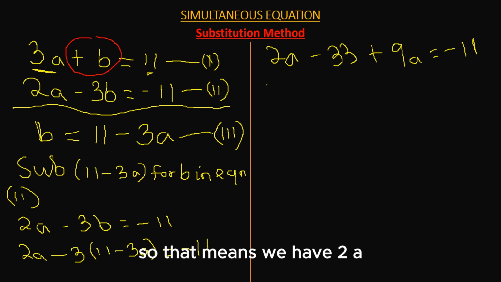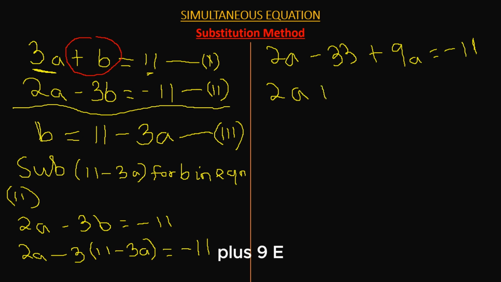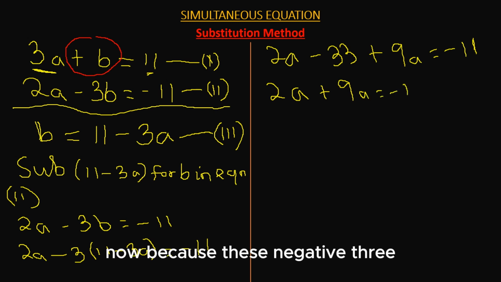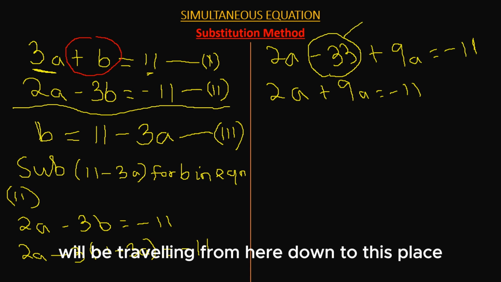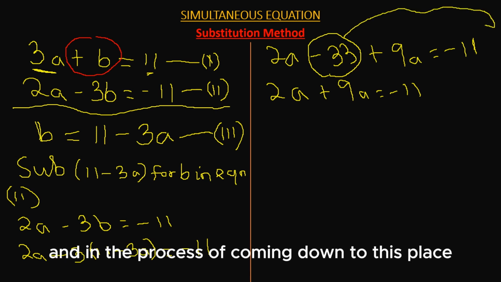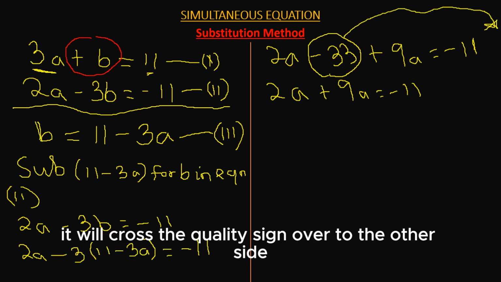So that means we have 2a plus 9a is equal to negative 11. Now, because this negative 33 will be traveling from here down to this place, and in the process of coming down, it will cross the equality sign over to the other side.